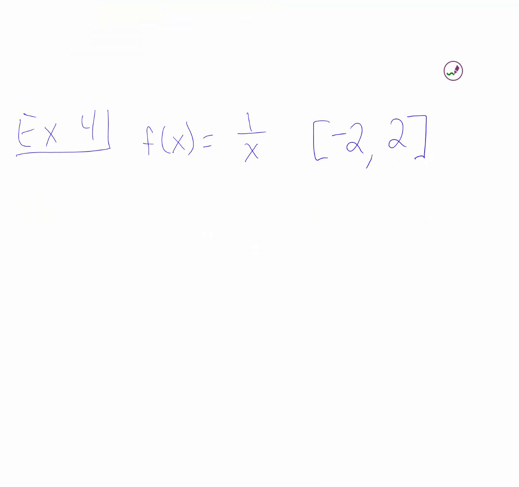It's going to be the same thing, use the mean value theorem to find the c's that satisfy it. But if you're thinking ahead, between -2 and 2, this graph is going to have an asymptote if we set the bottom equal to 0 at x equals 0. So that is in between that interval, so you automatically know that this isn't going to work.